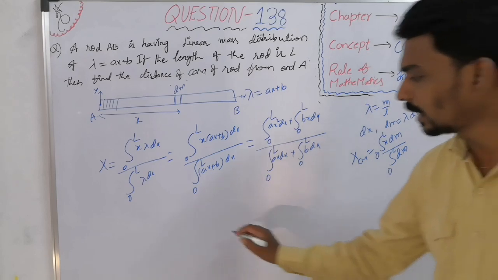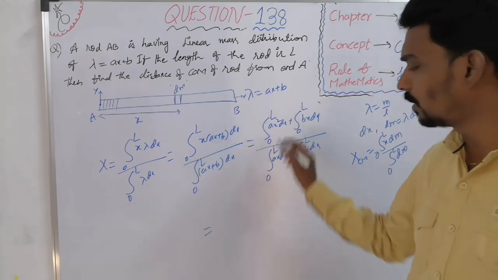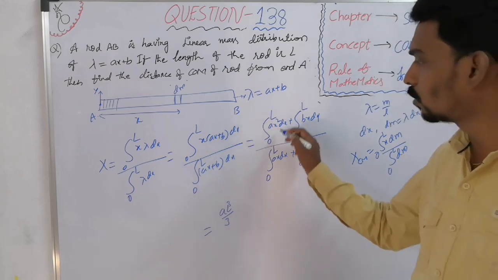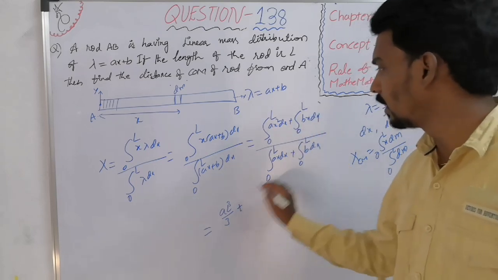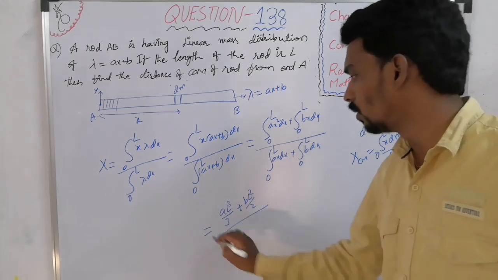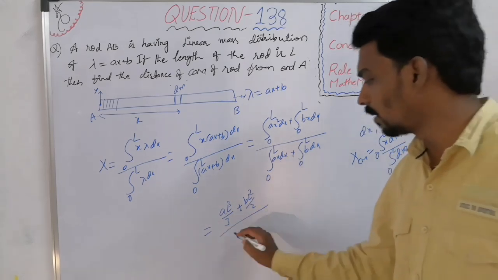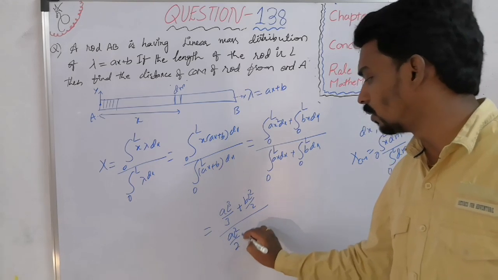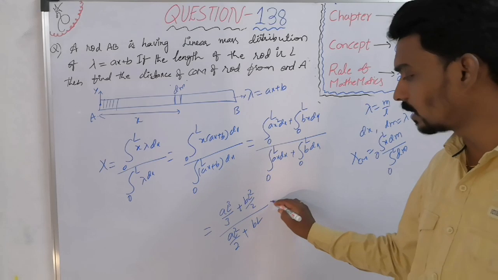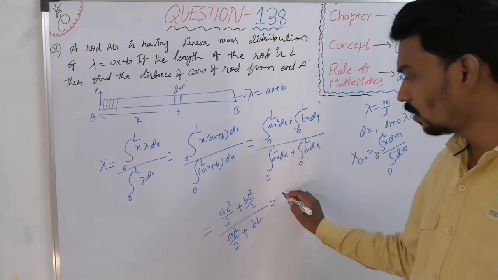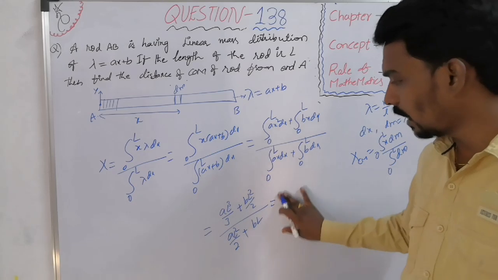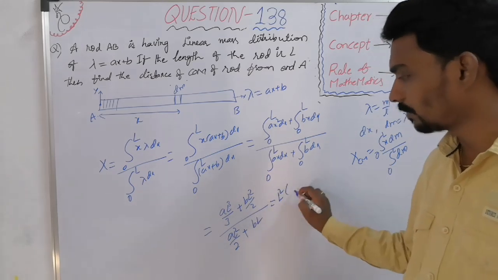Then if you integrate and substitute the limits, this you will get as aL cube by 3, because x cube by 3. This will become b x square by 2, so bL square by 2, whole divided by aL square by 2 plus bL. So if you take LCM, 2, and L square you take common here.